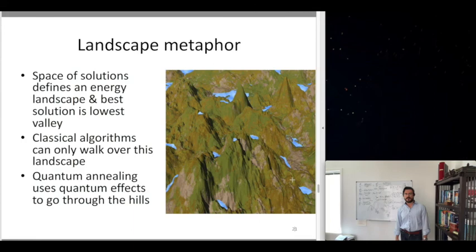Okay. And there's this landscape metaphor that I always use. It's how we walk the energy surface, so the surface of these problems. With a gate model computer, remember, you solve your problems by applying gates. But here you have a representation of the solution space in terms of the energies that they have. You could say good solutions sit in the valleys and bad solutions on the hilltops. And what a classical algorithm, a simulated annealing algorithm, can do is walk this surface.